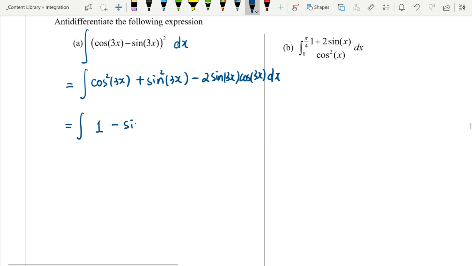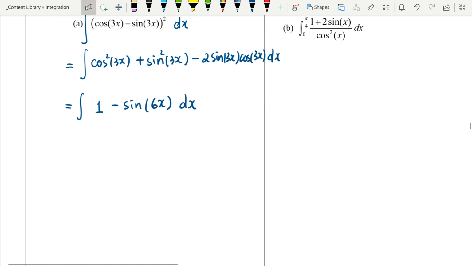And that's minus a sin 6x. Okay, use the double angle formula. So remember to use the double angle formula. That's the last situation we were talking about: single sine, single cos multiplied together. That's a sin 6x. So that becomes that.